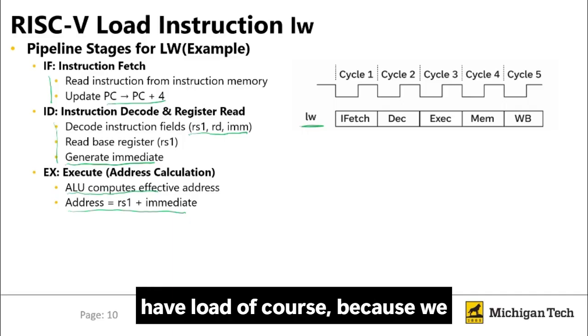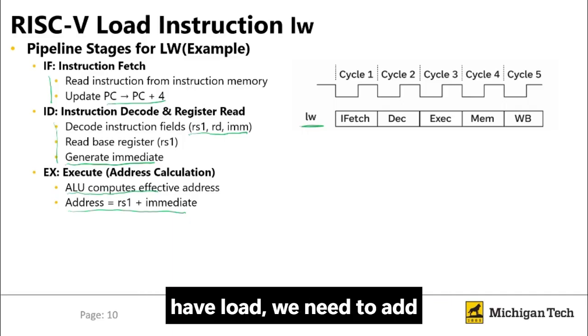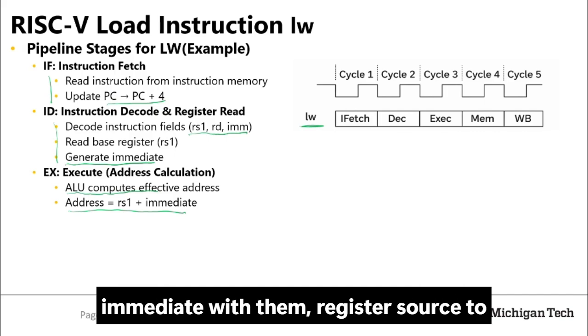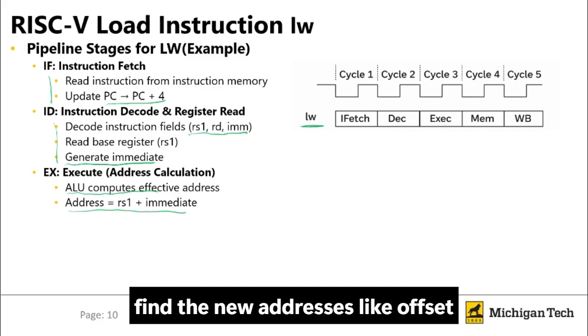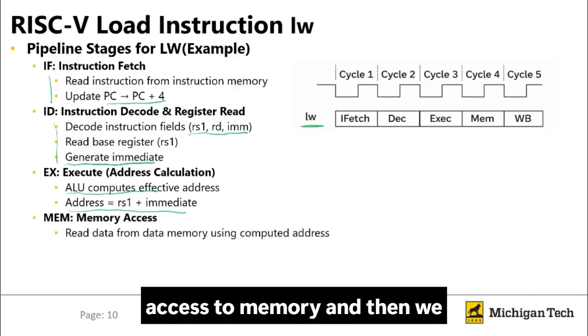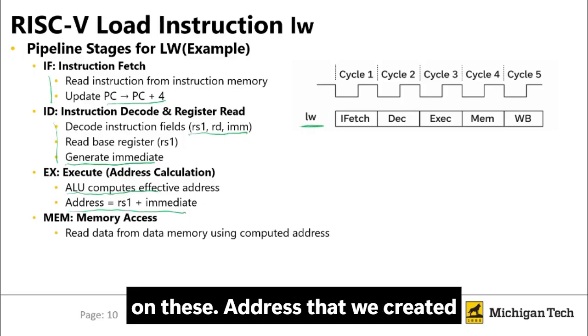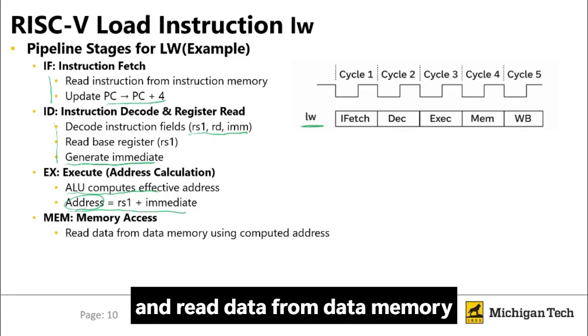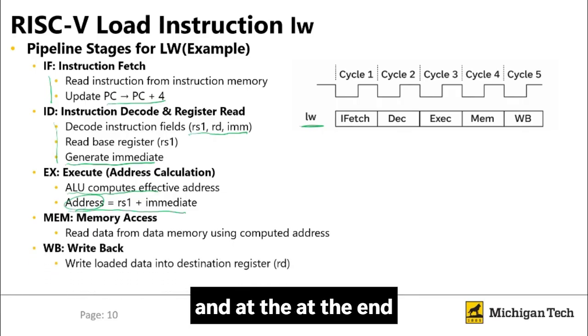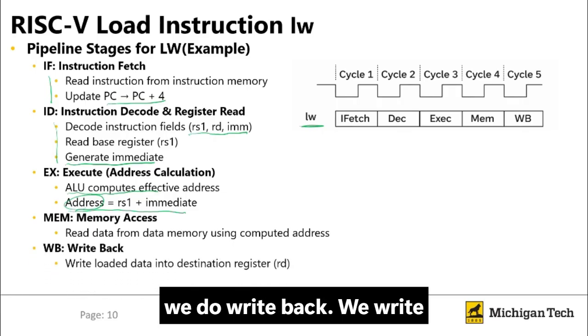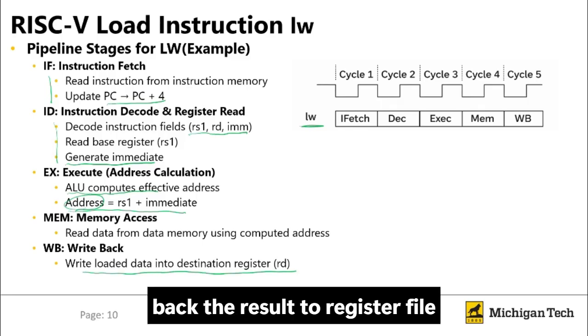Because we have load, we need to add the immediate with the register source to find a new address. It's like an offset access to memory. And then we access memory based on this address that we created and read data from data memory. And at the end, we do write back. We write back the result to the register file.